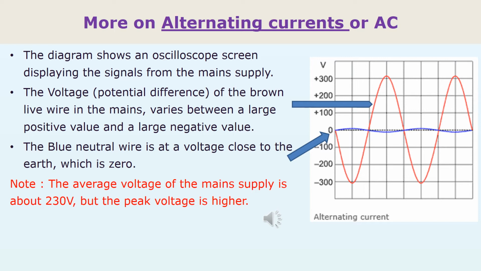Other countries may have a different voltage, but in the UK, our mains, our electricity supply is served to us at 230 volts. As you can see from this oscilloscope graph, the peak actually goes higher than that. It actually goes slightly over 300 volts, but the average, like I said, is 230. So I want you to make a little note of that in your books.